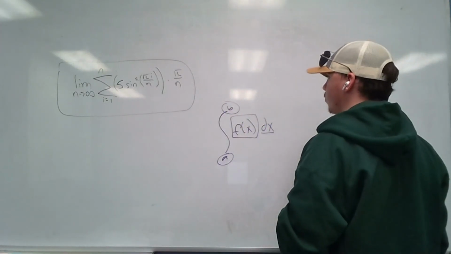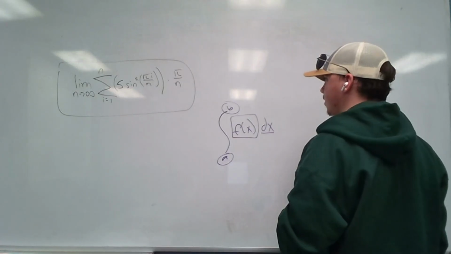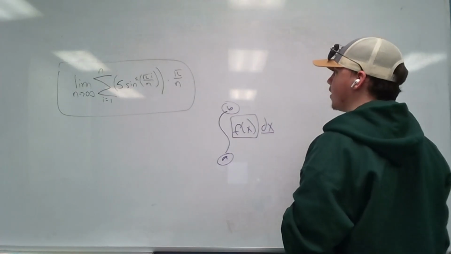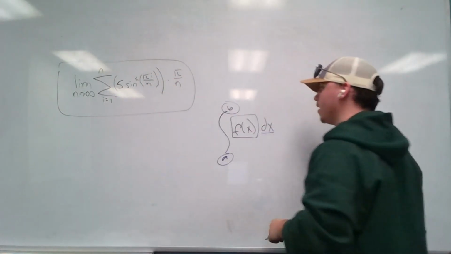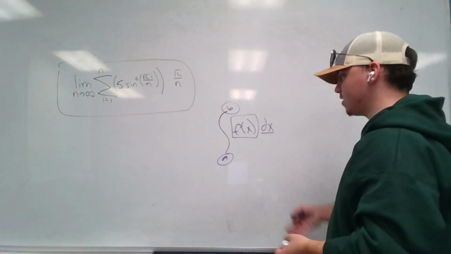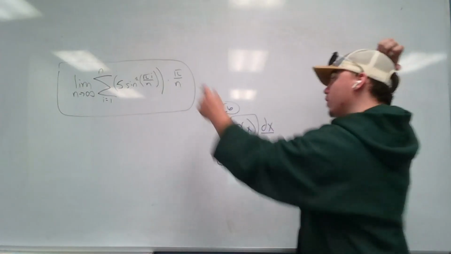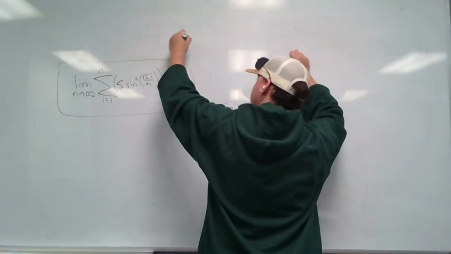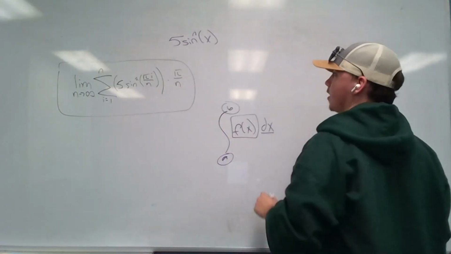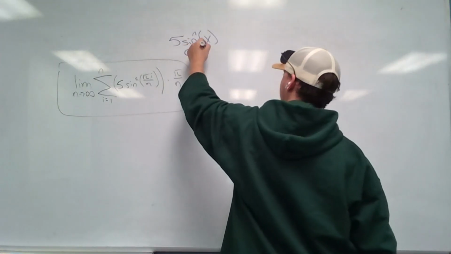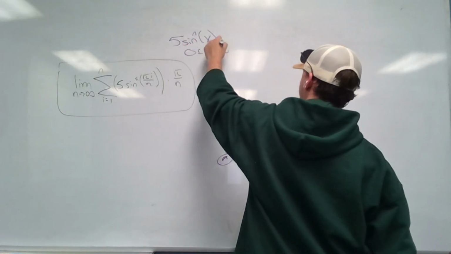So instead of writing out a bunch of stuff with change in x times i and then 5 sine squared, it's all implied in this notation when you have x. So the original here was 5 sine squared x, and it was on 0 to 2 pi.